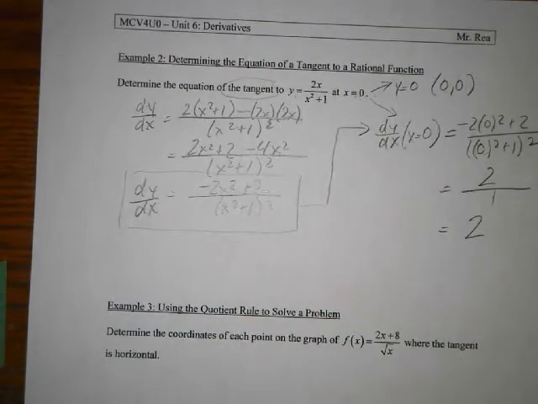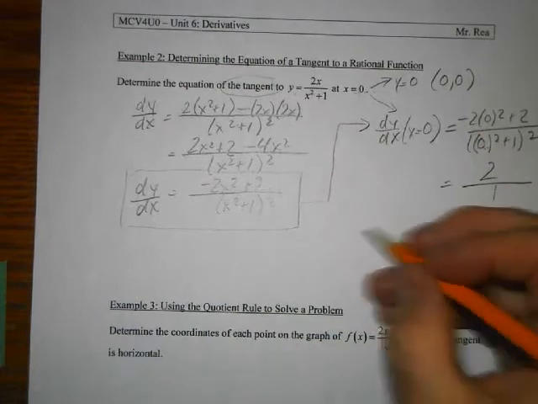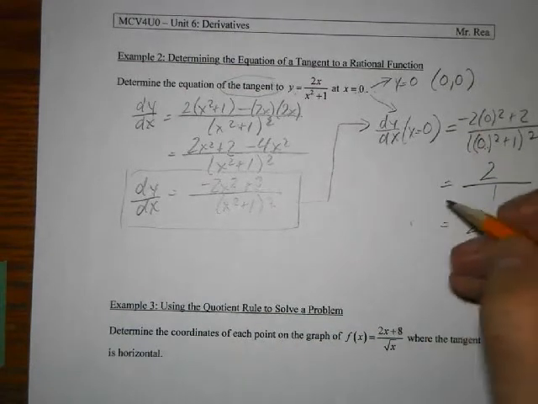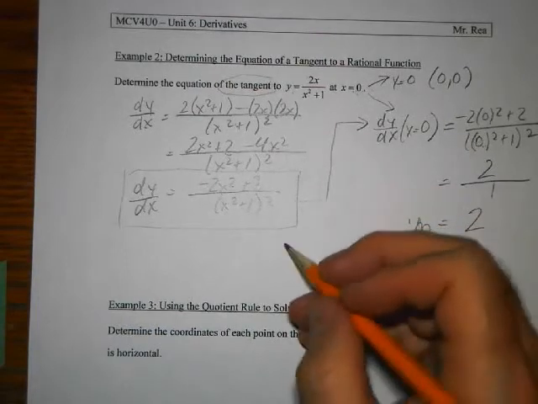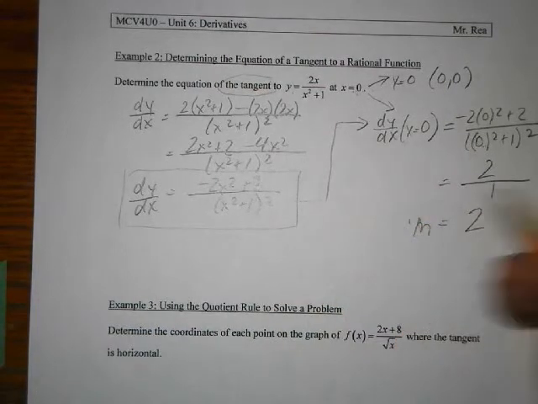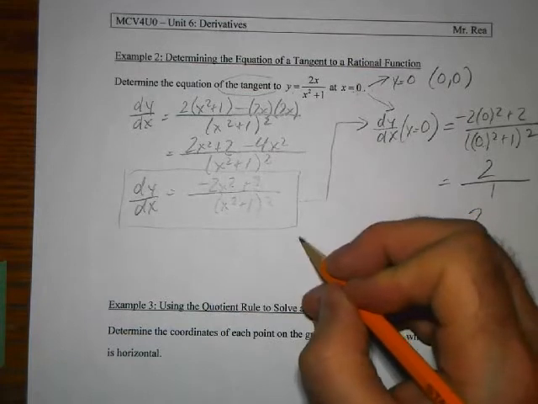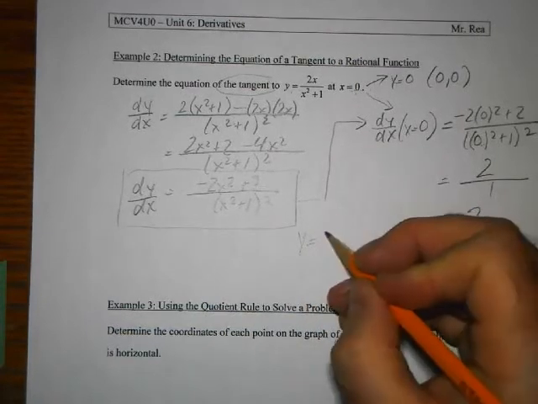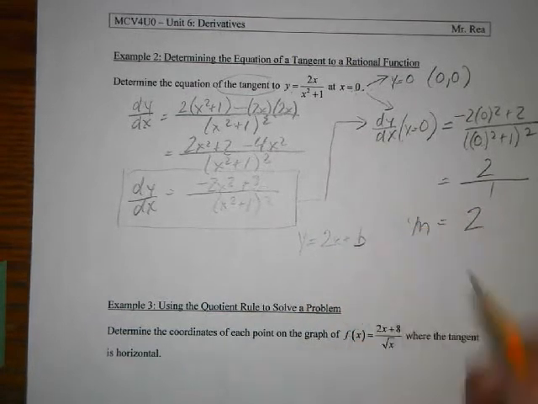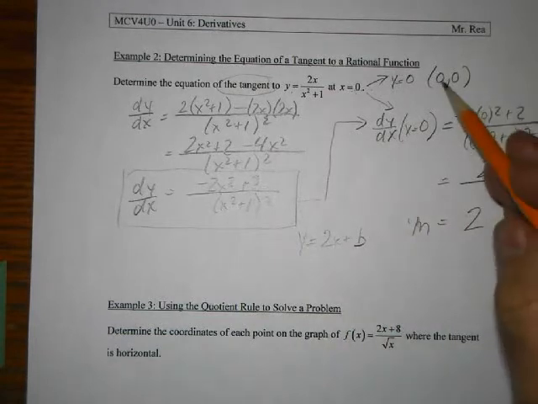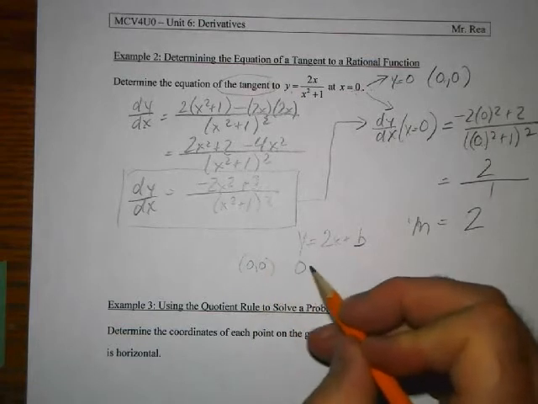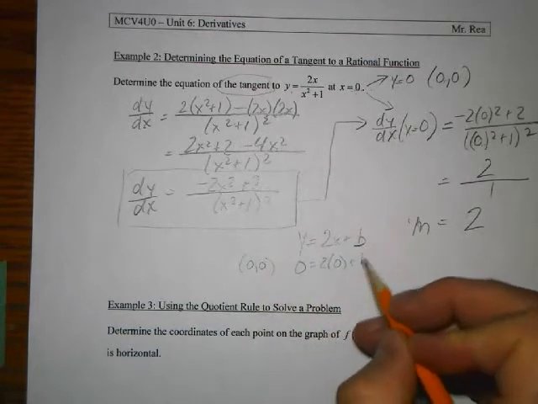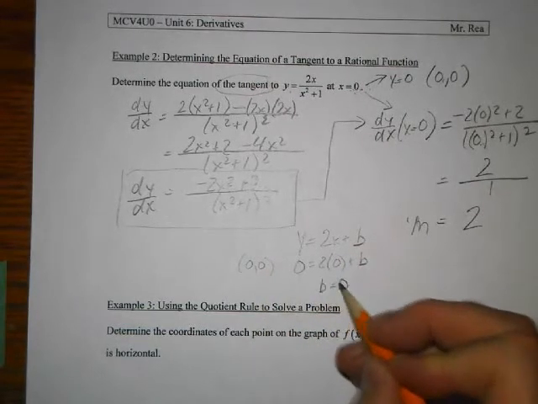So that tells us that the slope of the tangent is 2 at this point. So I can immediately go, well, I'll call that m now. So the equation of the tangent is going to be y equals 2x plus b. And when we plug in our point (0, 0), we get 0 equals 2(0) plus b, and that obviously makes b equal 0.